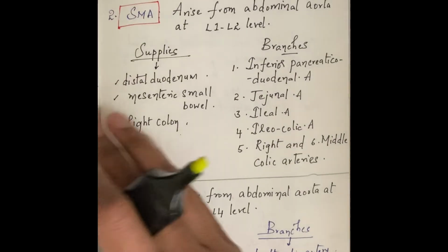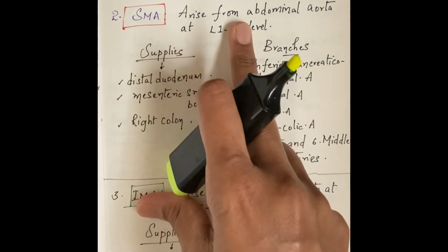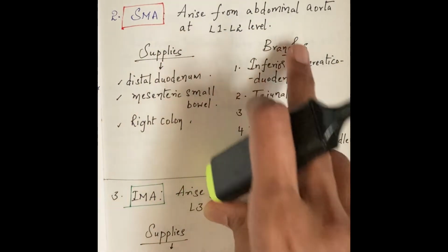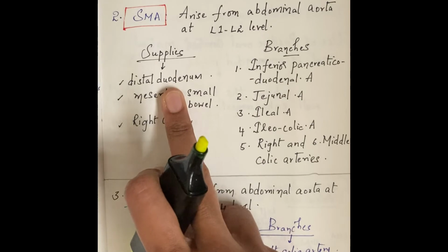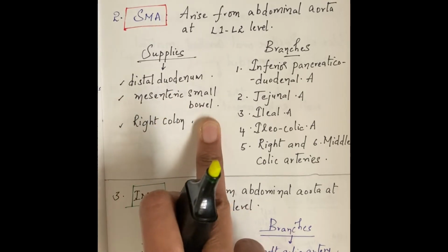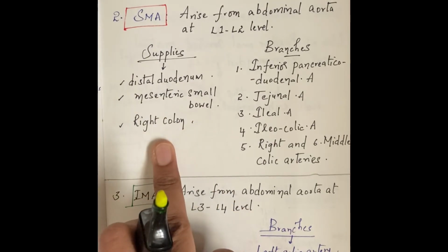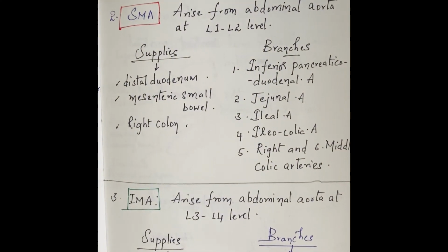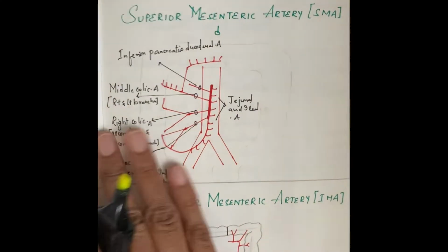Coming to the superior mesenteric artery, it arises from the abdominal aorta at the level of L1, L2. It gives branches to the distal duodenum, small bowel, that is jejunum and ileum, and right colon. So what are the branches of the superior mesenteric artery?